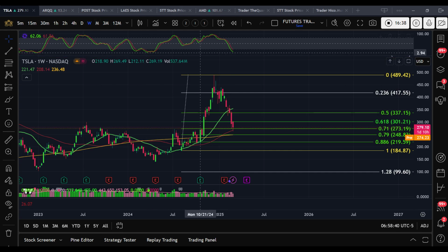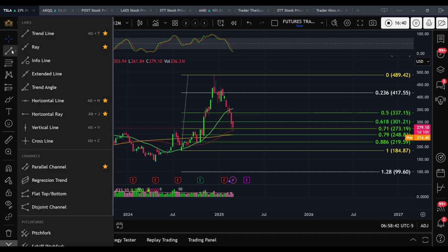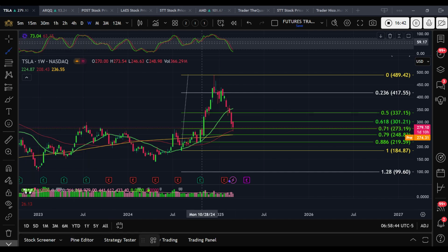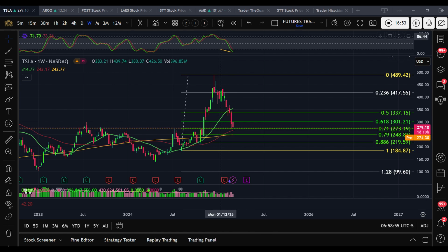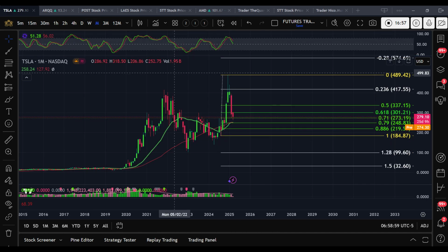Of course, we have our bullish divergence: downward sloping on the oscillator, upward sloping on price is bullish divergence. So just note that. Let's take a peek at the monthly.